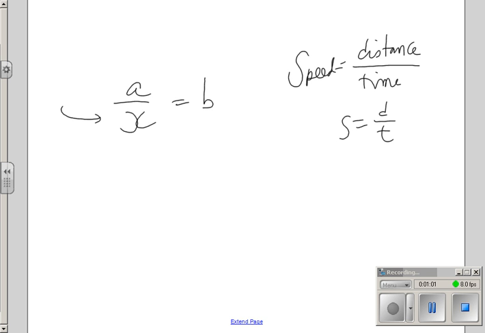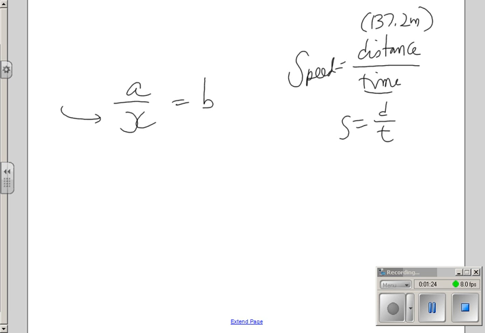So that would be the distance traveled. And if a horse gallops at 13.4 meters per second, how much time would it take?